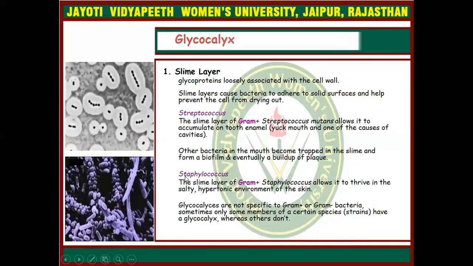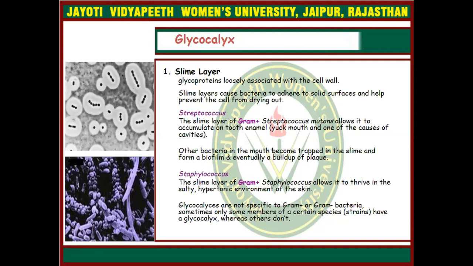The second one is staphylococcus. The slime layer of staphylococcus is also present on human skin. It allows the bacteria to survive in hypertonic, that is, high sodium chloride, high salty conditions.